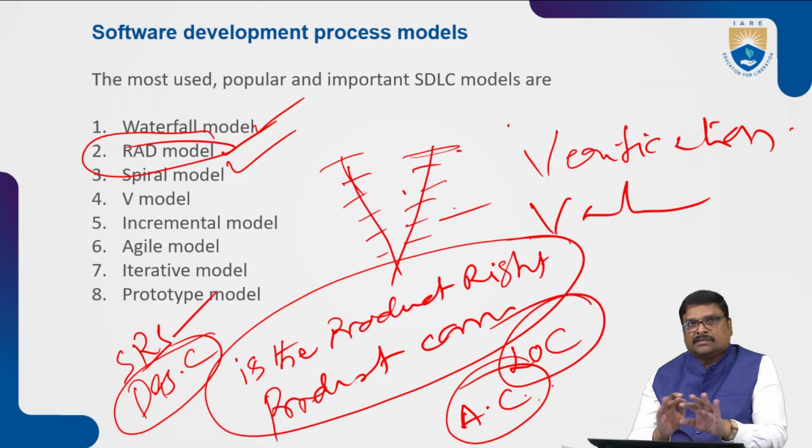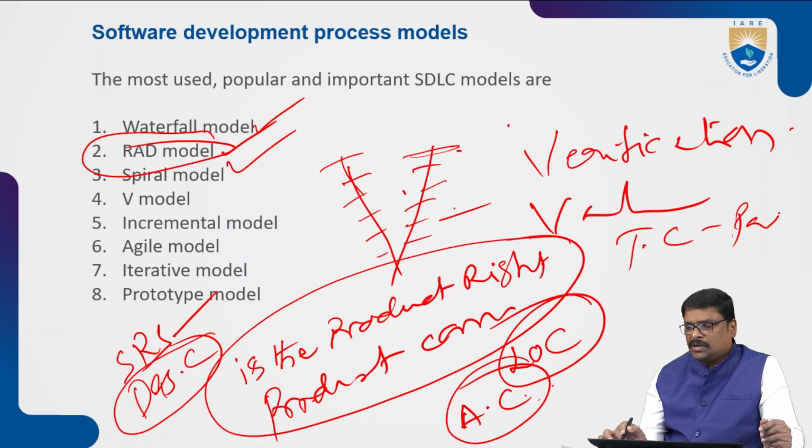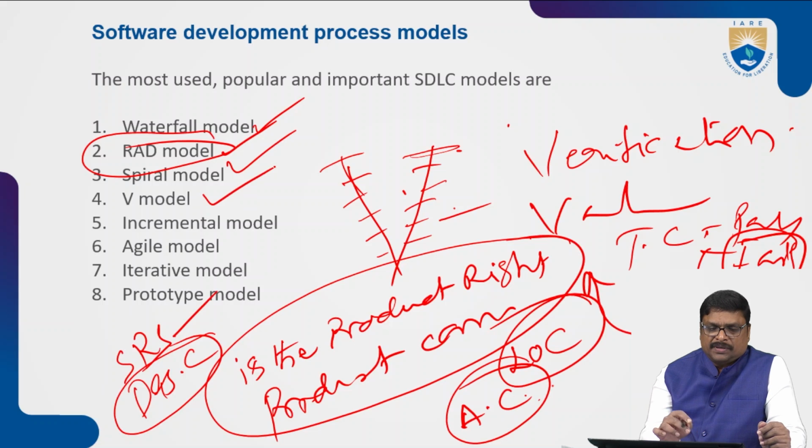Then we compare whether both match. If so, the test case passes. If both do not match, then the test case fails. It means there is some logical or functional error, so the stakeholders involved have to fix that error or bug. That's how the V model is useful.